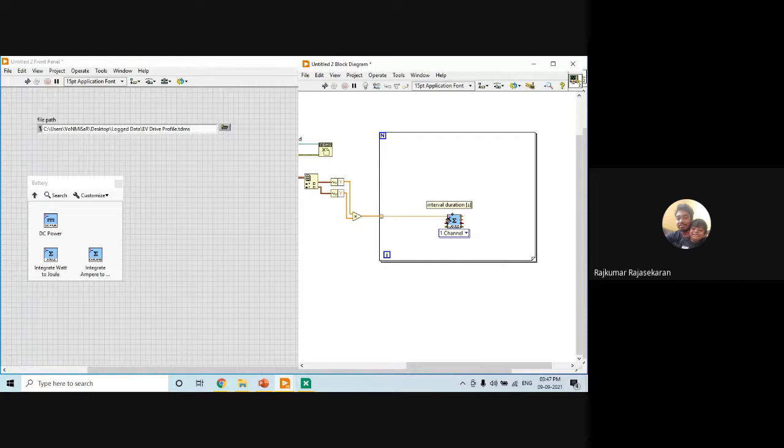If you want to integrate watt to joule, we need the value of the watt, and also the interval at which we got that watt. An interval is basically, if you right click on this wire, it takes some time to respond.